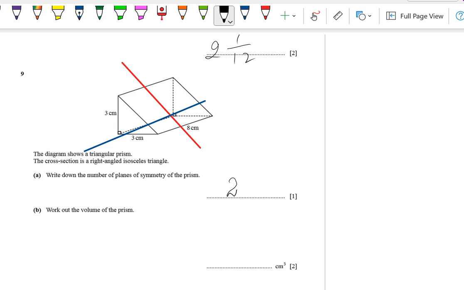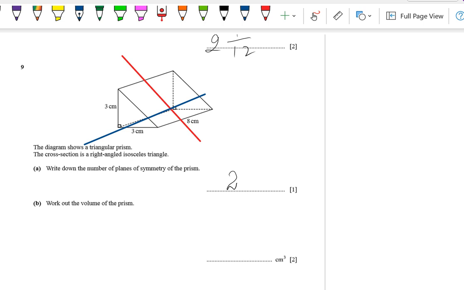Volume of prism. To find the volume, you first need to identify that what is the face that is identical from the start till the end. So this is the face that is identical from start till end.